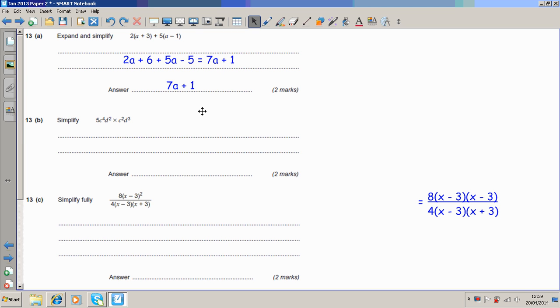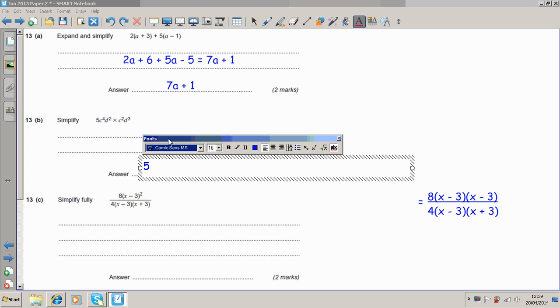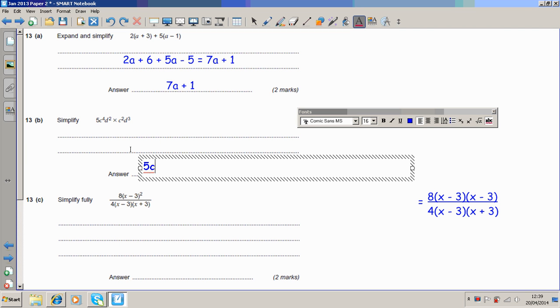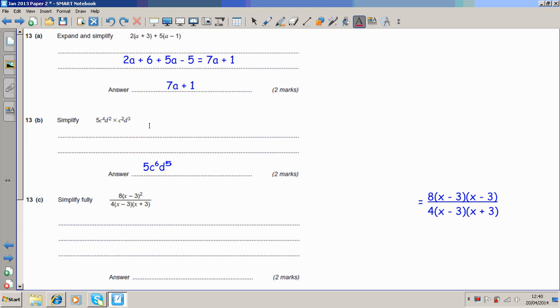These ones, again, aren't too bad. You've just got to times each of the things that are the same together. Okay, so there's 5 there, and there's no other numbers there. So my first job is to write down the number 5. Then we'll do it with the C's. I've got C^4 times C^2. Now you just got to remember that when you multiply indices, you add the little numbers together. So I've got 2 D's and 3 D's. That gives me D to the power of 5. And there's my answer. Okay, so you can go straight to that.